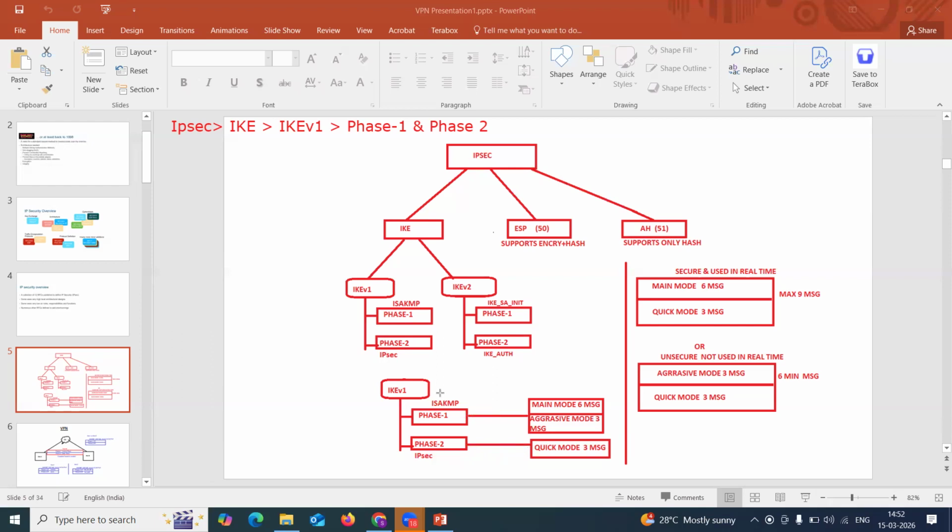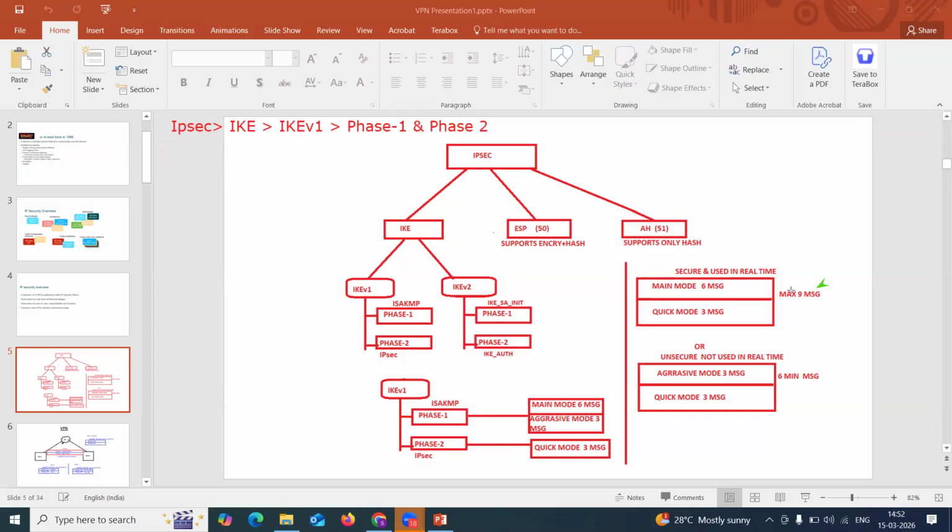Again, repeating: IKE v1 has two phases of negotiation. In phase 1, we have two modes, and phase 2 has a quick mode. From phase 1, I can take any one; I can't take both at a time. So, main mode and quick mode, or aggressive mode and quick mode. Two combinations can be there.